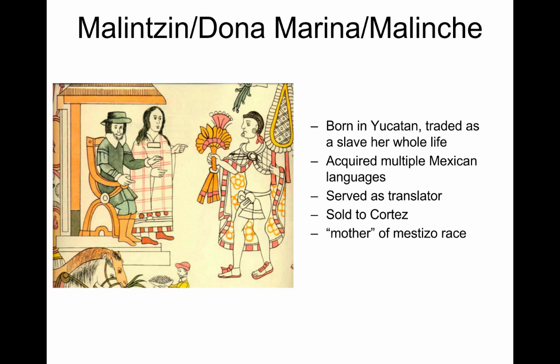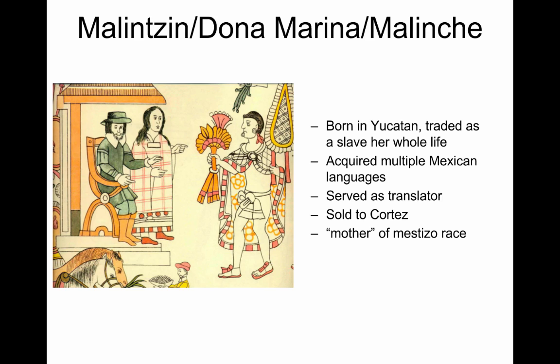So Malinche, if you were to say that word in Mexico, it means traitor. So some people look at her as a traitor to her community, right, or to the Native American peoples of the Americas because she served as that translator, which ultimately led to the fall of the Aztecs and the full Spanish takeover of the Americas, really.